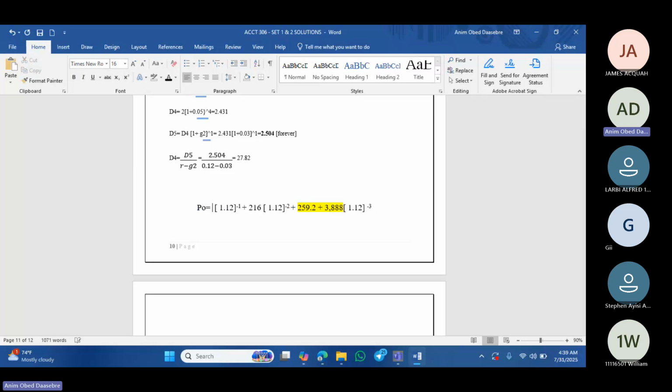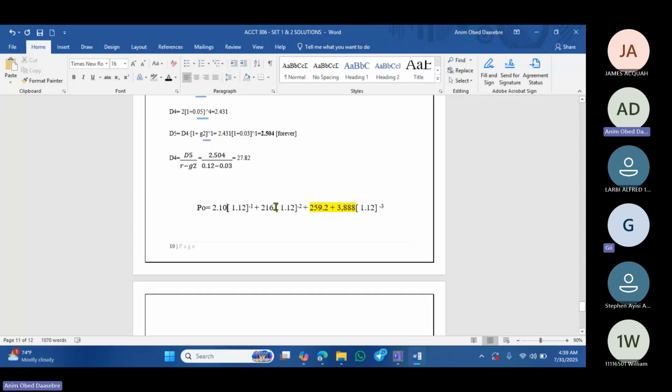D1 is 2.1 and the discount rate is 12%, right?